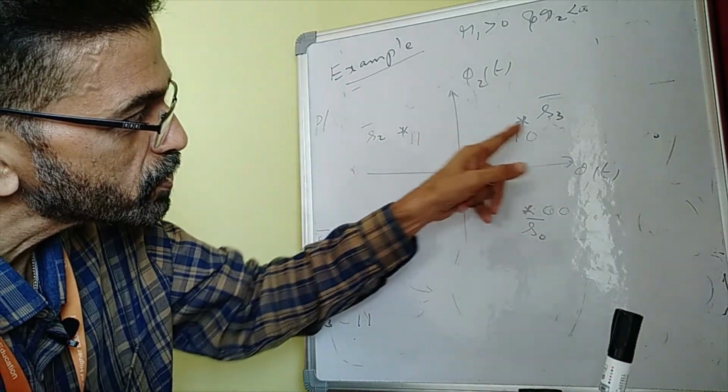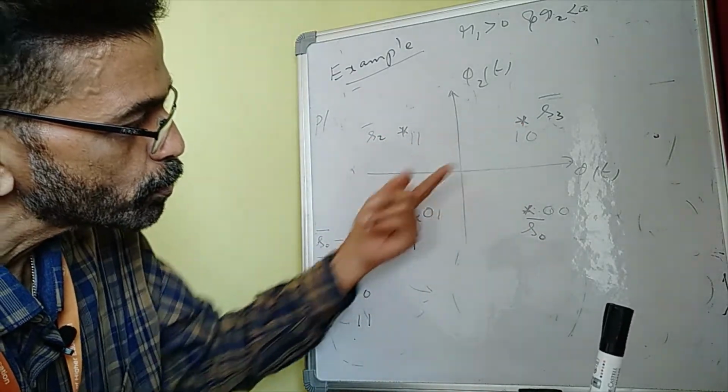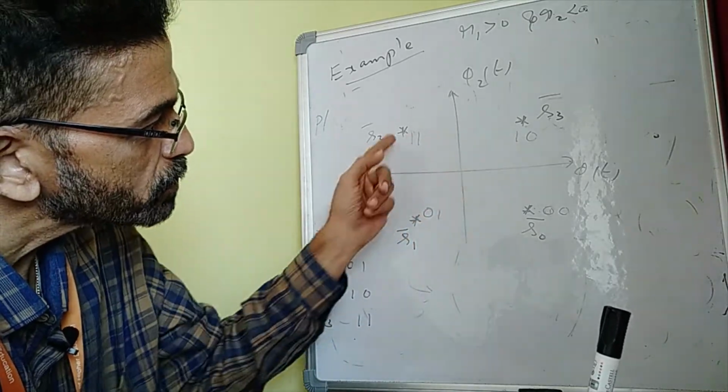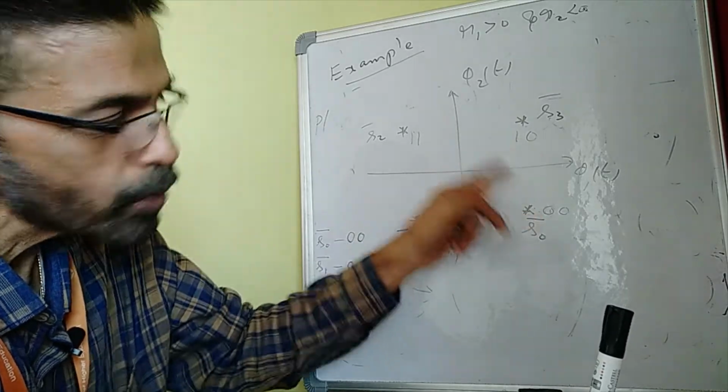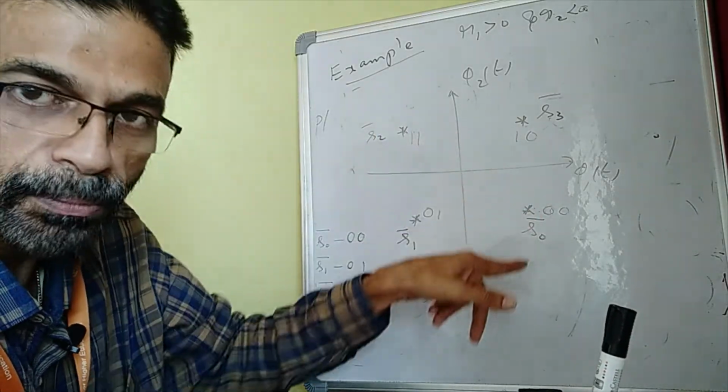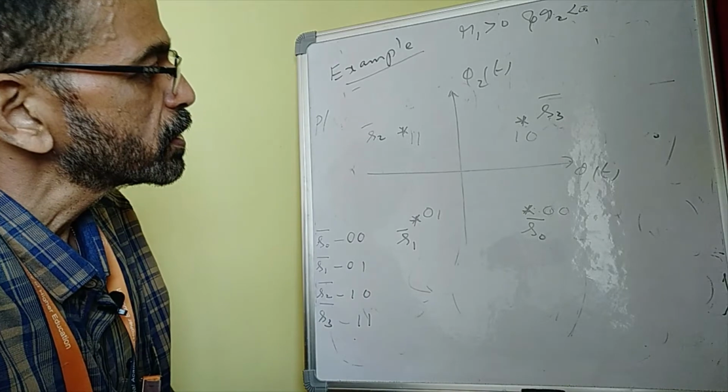Again, I repeat, if this happens, which is a rare event, you are losing 2 bits. If this happens, which is an event which is going to be more frequent compared to this, you lose only 1 bit. So this is the better way of mapping the symbols.